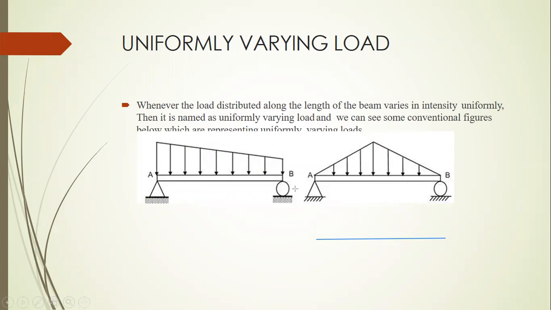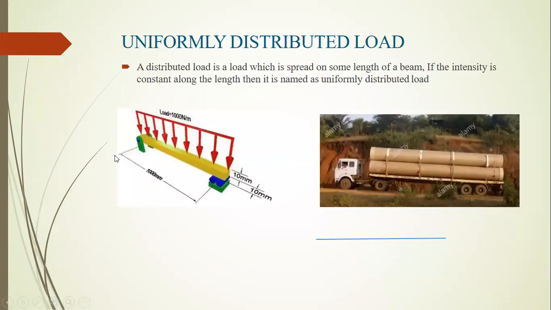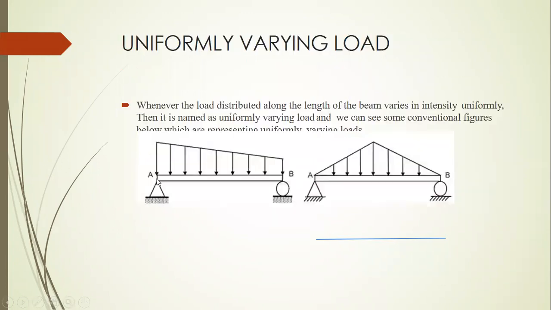In the UDL also you have to find the area. There it was a rectangle, so it is a rectangular load, so length into height is the intensity. Height is the intensity, so we are doing intensity into length. Similarly here also we have to find the area.